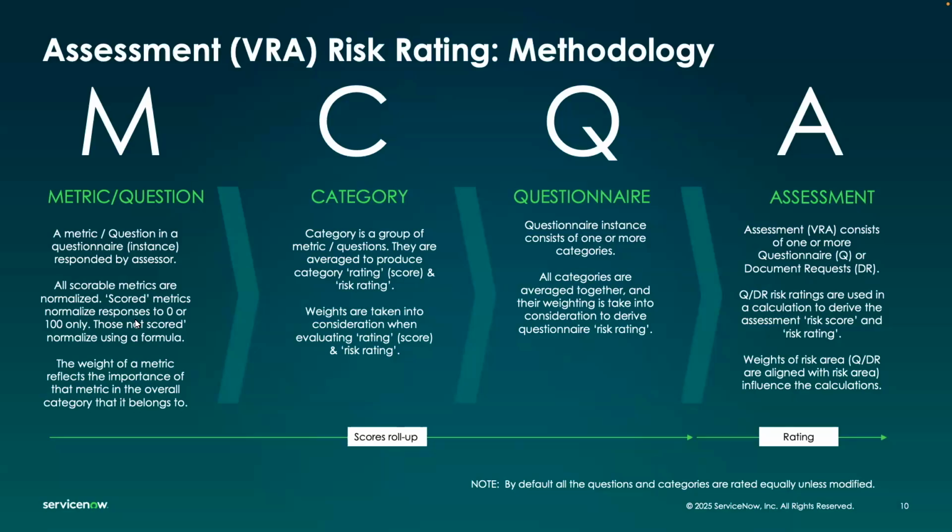So it is the weighted average of that particular metric that is then applied to the metric normalized value. So in this case, if the answer is correct, 100 will be multiplied by the weighted average of that metric to derive the ultimate or the end normalized value.